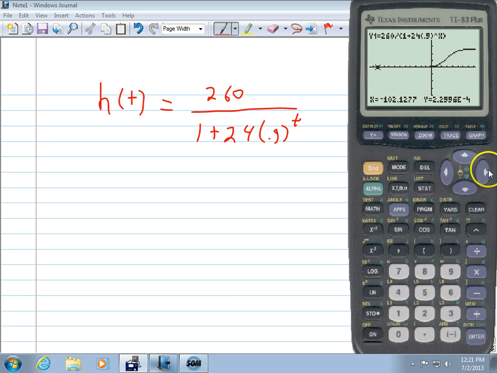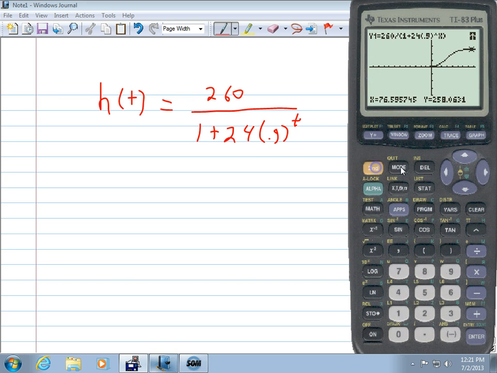How high does it go? Well, let's trace it the other way. 0.005, 0.03, 0.07, 0.2, 0.4, 0.9, 1.2, 2.4, 8, 10, 20.4, 50, 100, 200. How high is this going? 158? Yeah.